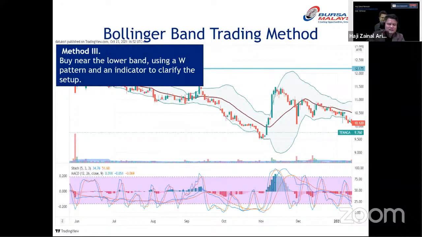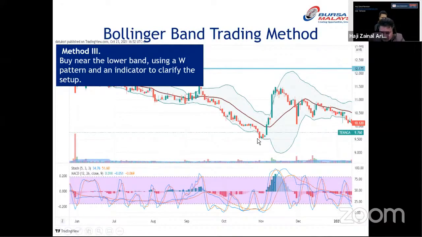This is the one that I'm talking about, whereby you can see, for example, here, the price breaks the lower line, and the next low is inside.